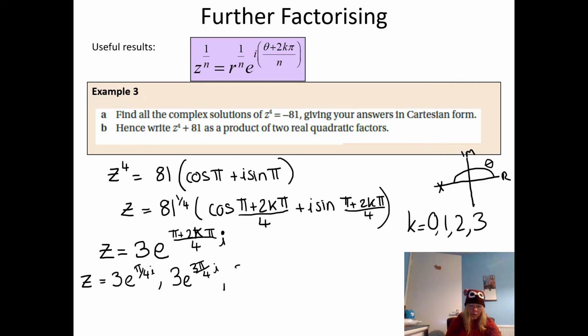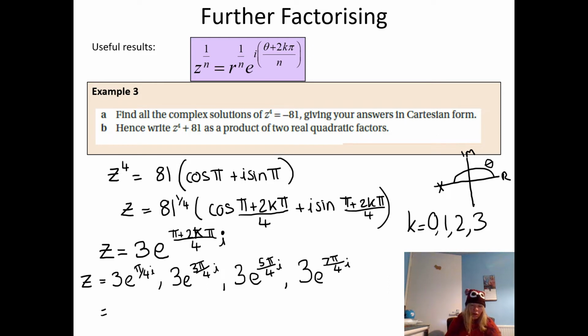The next one, 3 e to the 5 pi over 4 i, and 3 e to the, keep adding 2, 7 pi over 4 i.